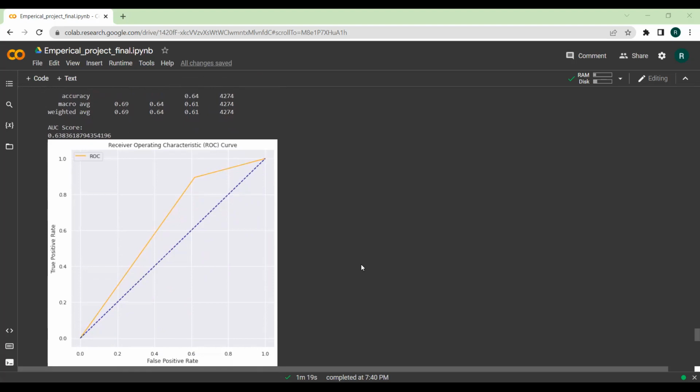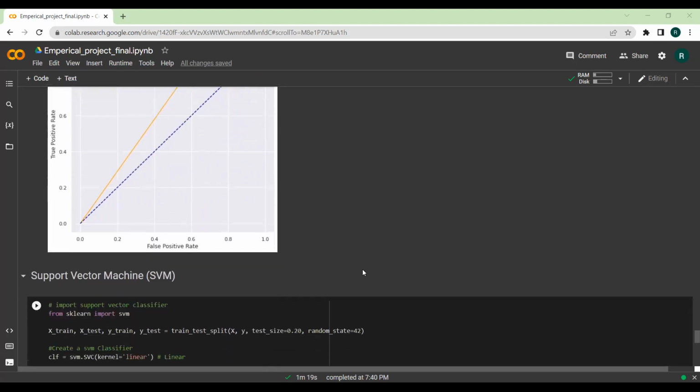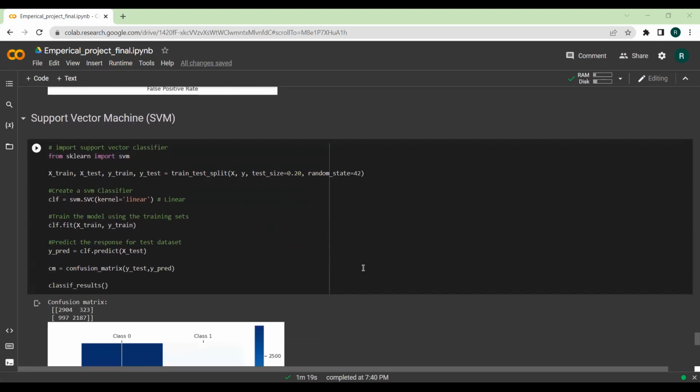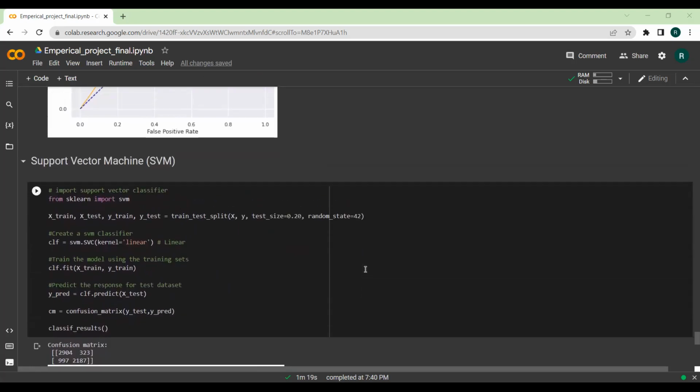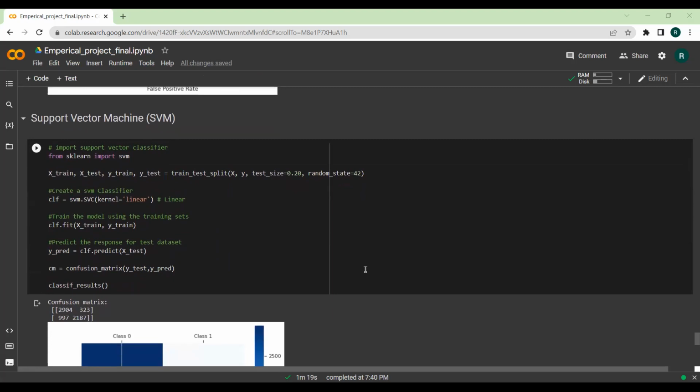Then can you just scroll down? Yeah, coming to support vector machine, we have a hyperplane. Before going to the hyperplane, we generally consider a line which we try to fit as a best fit line, but it doesn't work for the SVM because we use so many vectors.